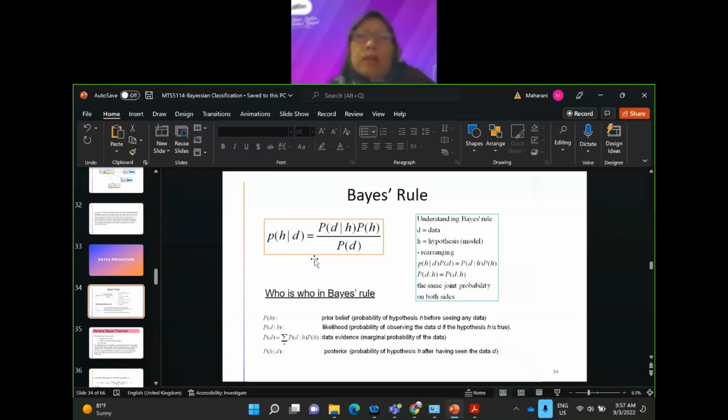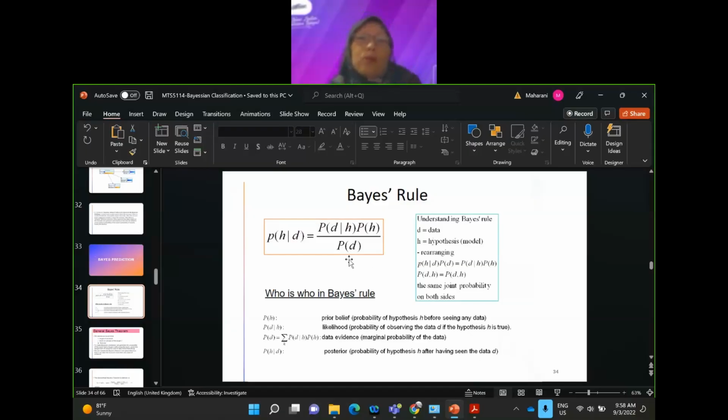So, according to Bayes' rule, the probability of event H with condition D is defined as the probability of event D with condition H, multiplied by the probability of event H, divided by the probability of event D. This is by using the Bayes rule or Bayes theorem.